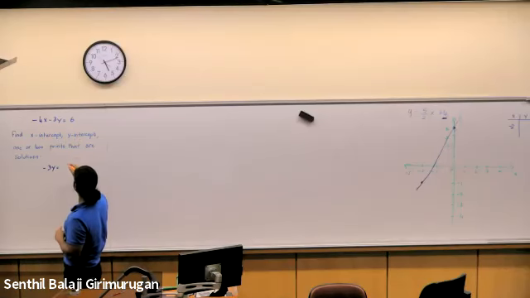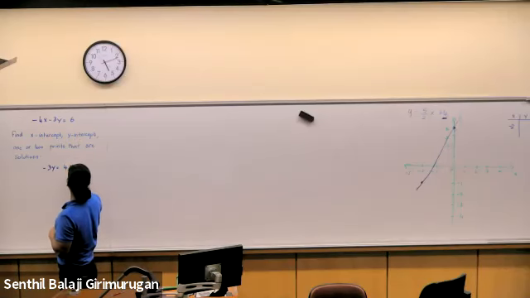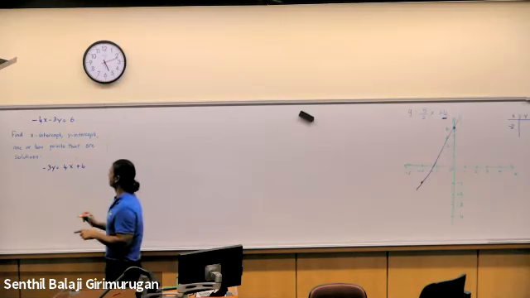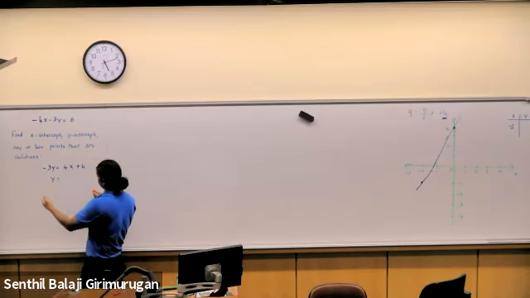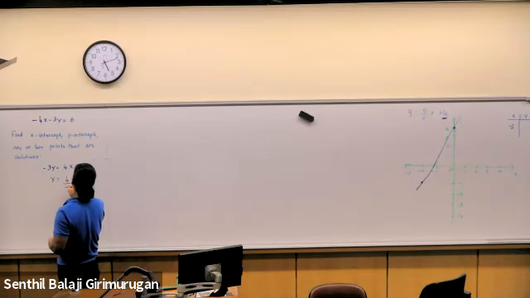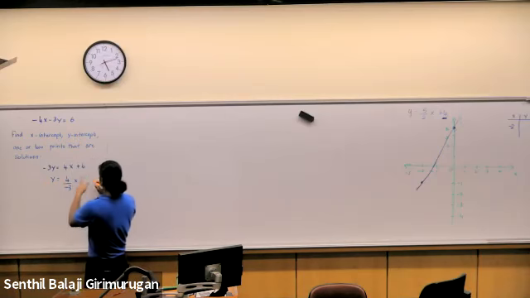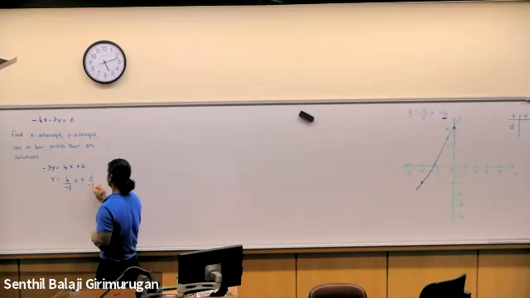-3y, move the negative 4x to the other side, it becomes positive 4x. Now we have to divide by -3 on both sides. -3 over -3 is 1, so 4 over -3 x plus 6 over -3.